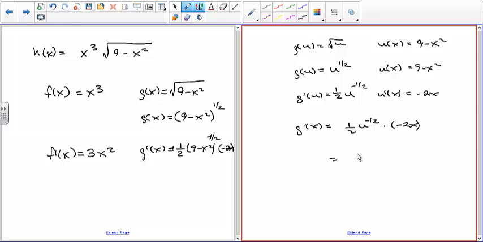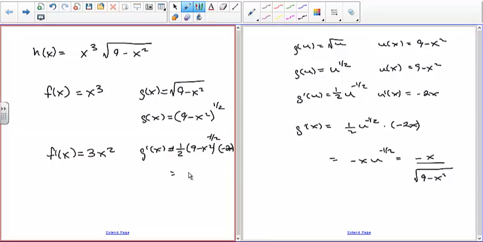And so if I multiply this out, I'll get negative x times u to the negative 1/2, which is the same as negative x divided by square root of u, which is 9 minus x squared. So you can see if I clean this up, I get the same thing here. I get negative x over the square root of 9 minus x squared.